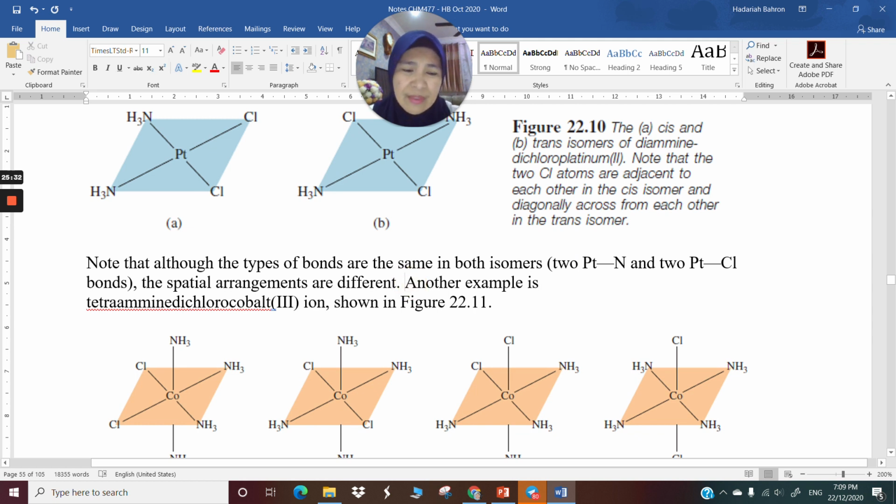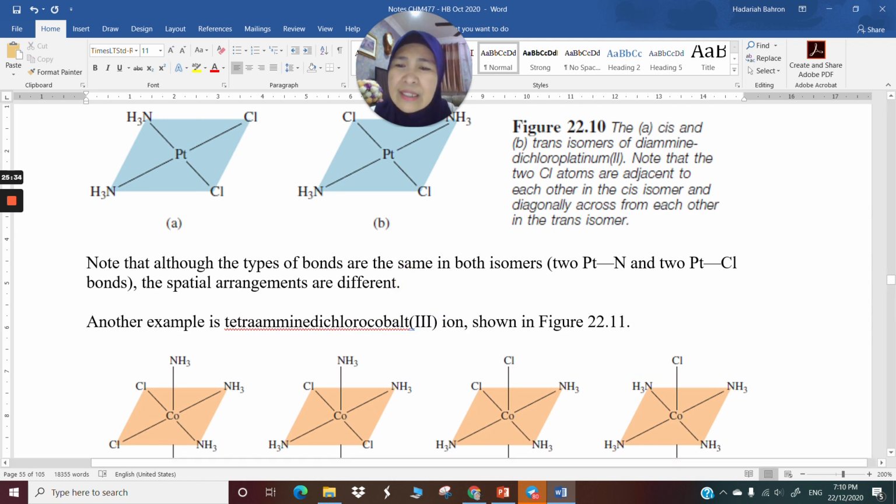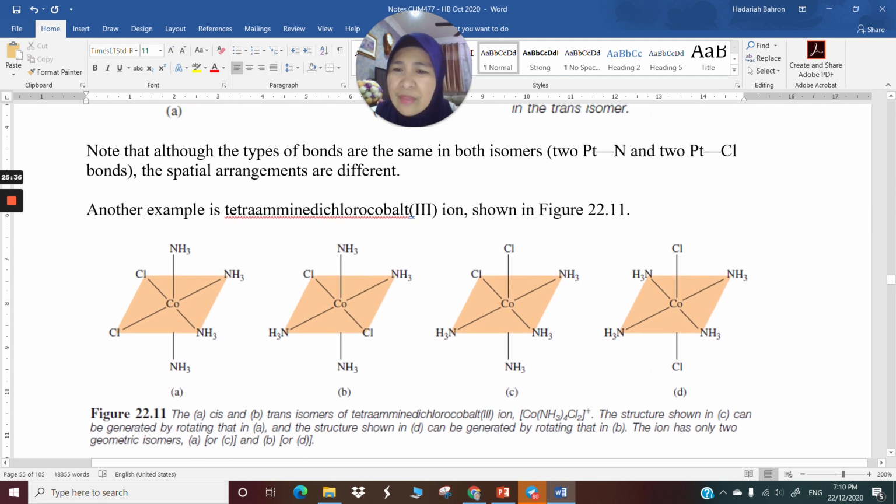Now, another example is here. Here you have your chloro cis to one another. Here you have the chloro trans to one another.